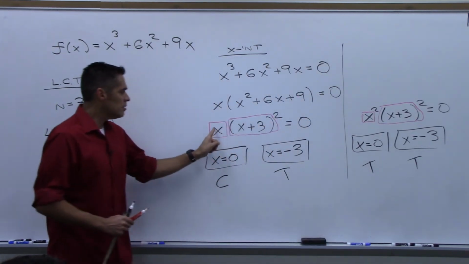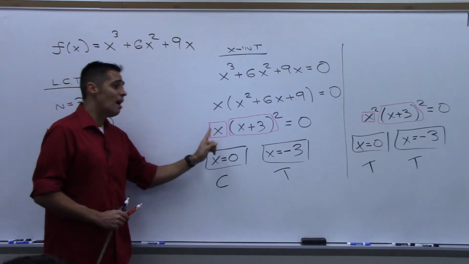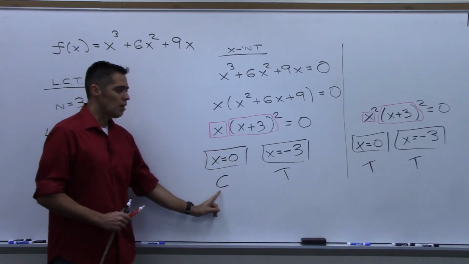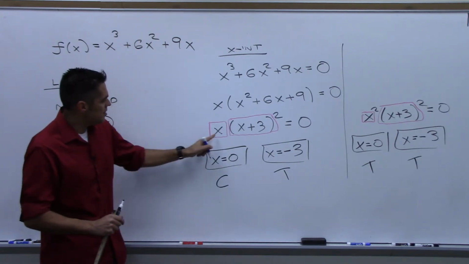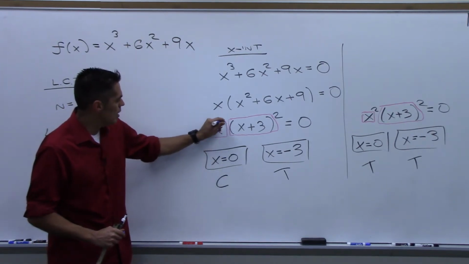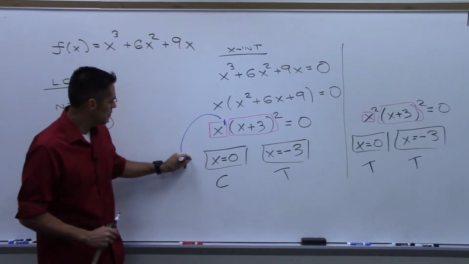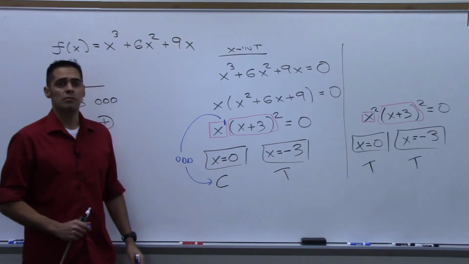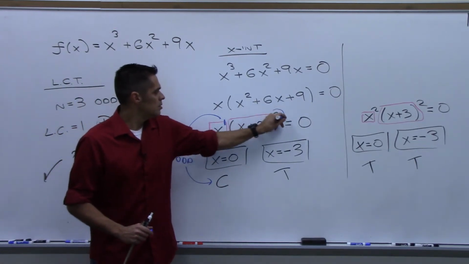If the power on the factor is odd, you will cross through. When I say power on the factor, I mean x is really x to what power? 1, right? If this power is odd, I'm going to cross through. What's the power on this factor? 2, even.